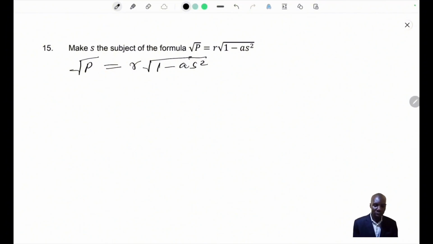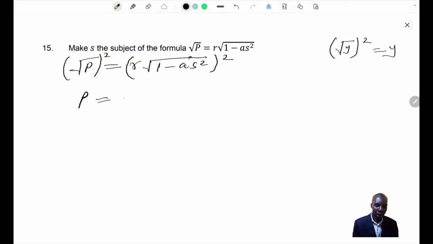So what are we going to do? We can square both sides. If we square both sides, on the left hand side we are going to be left with P, because I always say that if you have got root of a number, if it is squared, then it is that number. So on the left hand side we are going to have P.